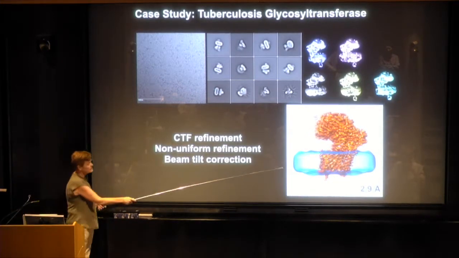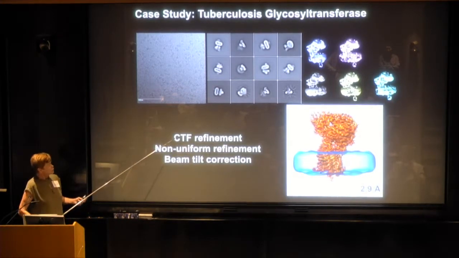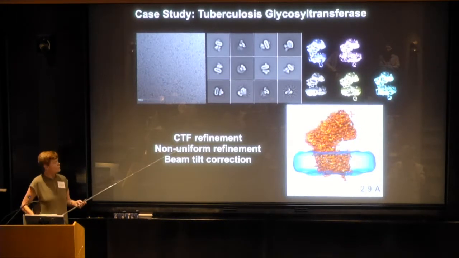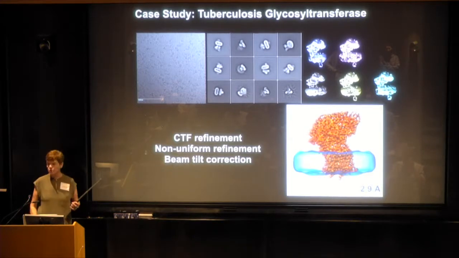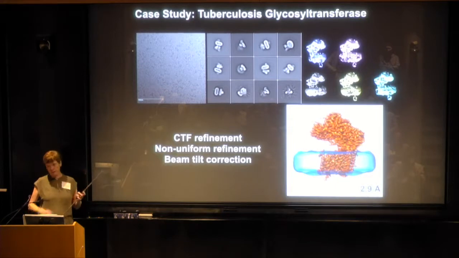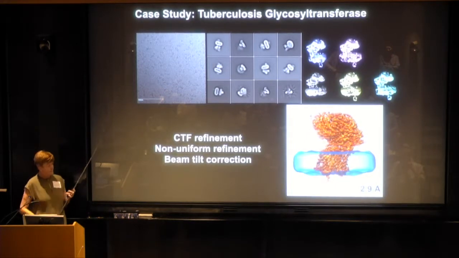And then even at this stage, there's a whole bunch of super clever software that has to be used now: per-particle CTF refinement, non-uniform refinement, which you'll probably hear about from Ali at the end of the day, and beam tilt correction that Sjors has incorporated into his RELION.